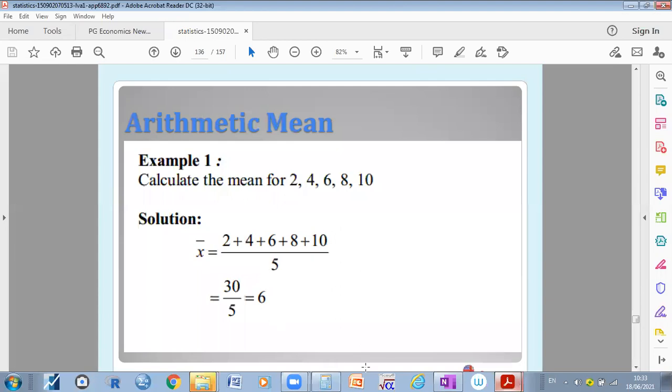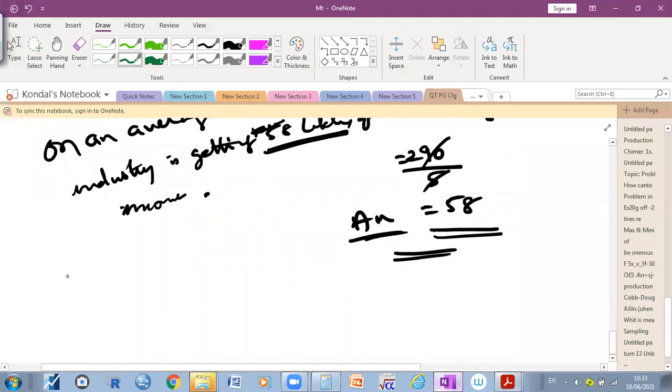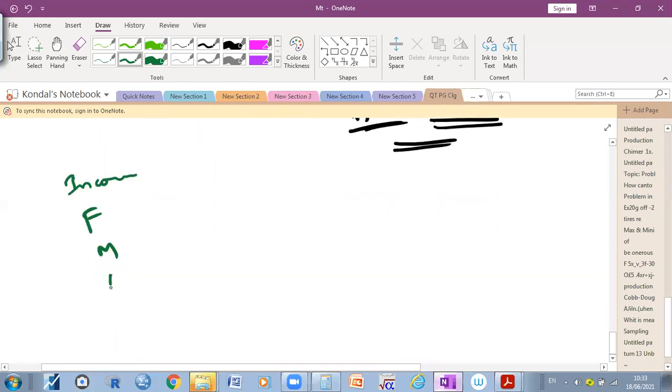Yes, sir. For example, you can practice in your home with income: your father's income, your mother's income, your brother's, sister's, and your own. Say your father is employed and earns 45,000.